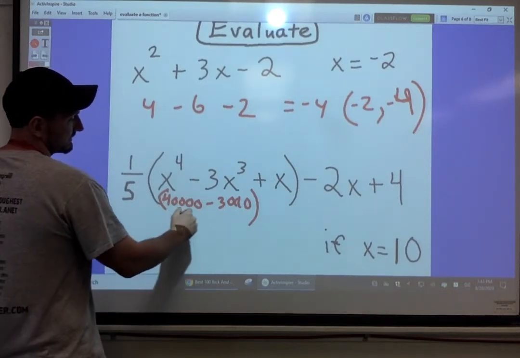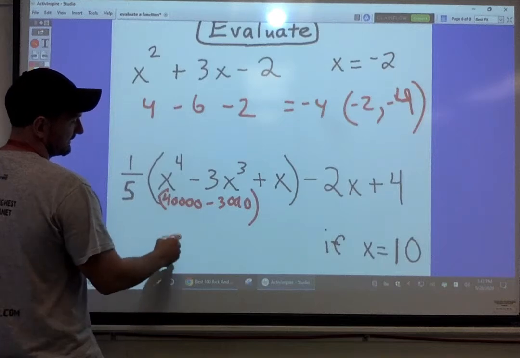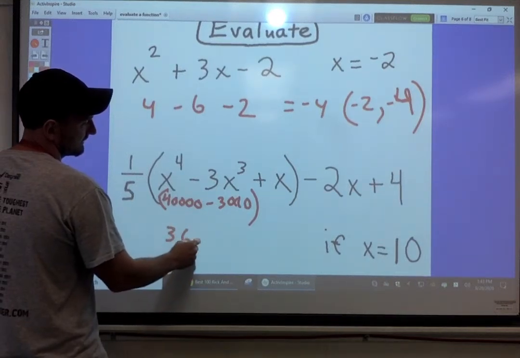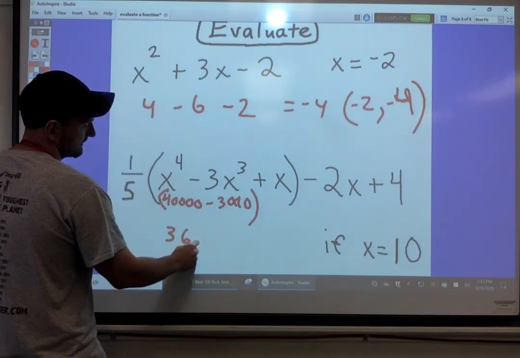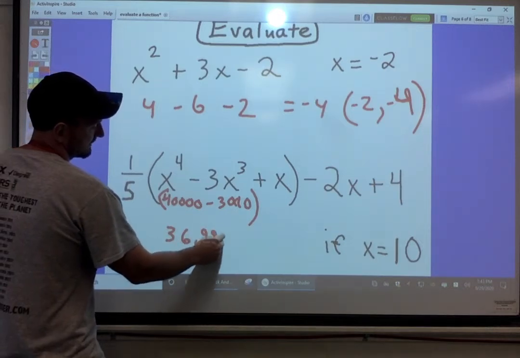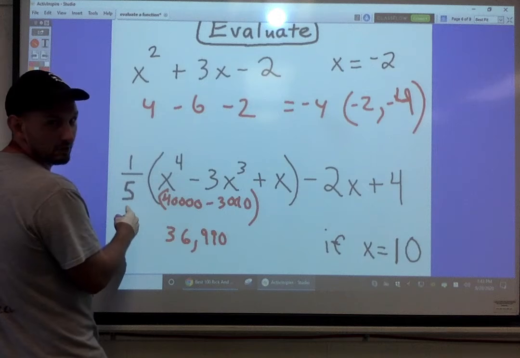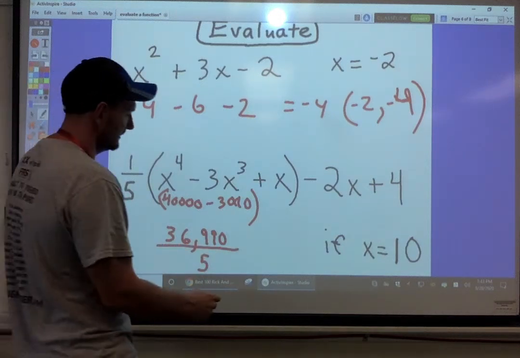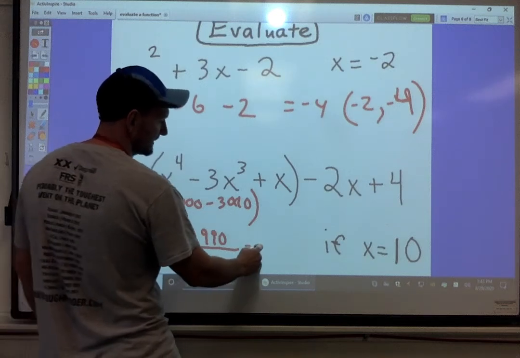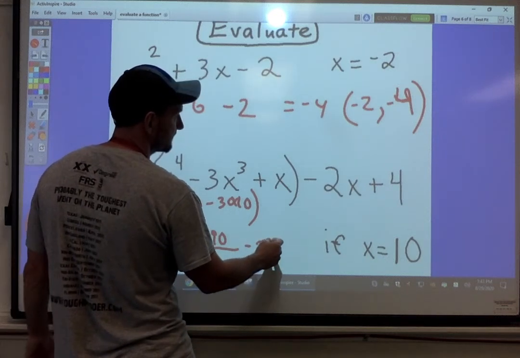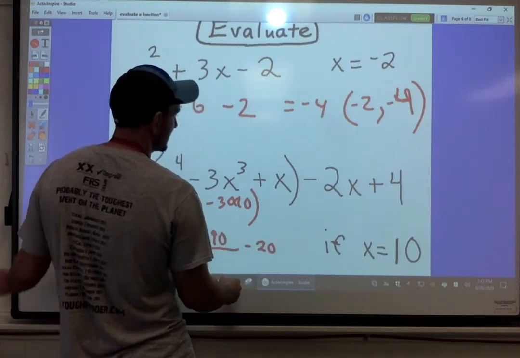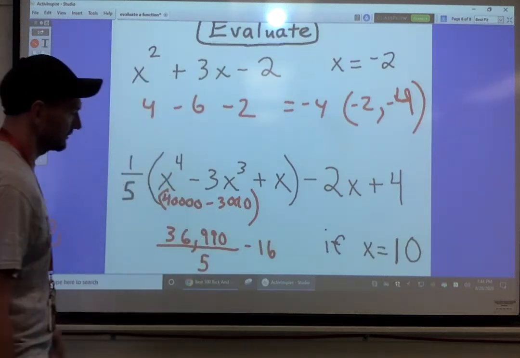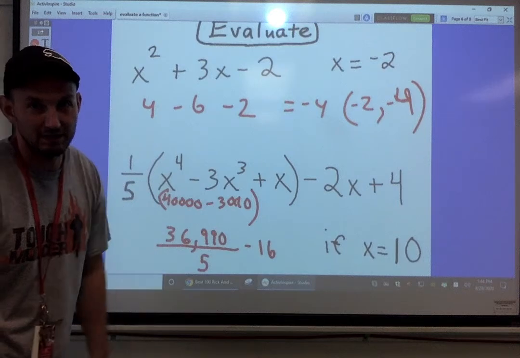So 40,000 minus 3,010 should be 36,990. And then times 1/5 is the same thing as dividing by 5, and I'm not happy to do that right now. Minus 20 plus 4 makes 16. So whatever this number is, then we're going to subtract 16 from it.